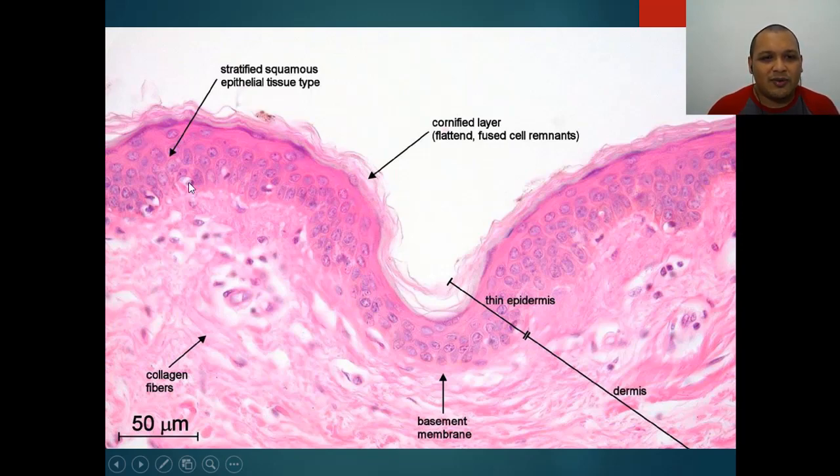Because it has more than one layer, starting from this layer, this layer, this layer, this layer. That's why it becomes stratified. And squamous, why is it squamous? Because the shape is like a scale. So more than one layer, and it is shaped like a scale. And the example we can find is in our skin. Okay, good.